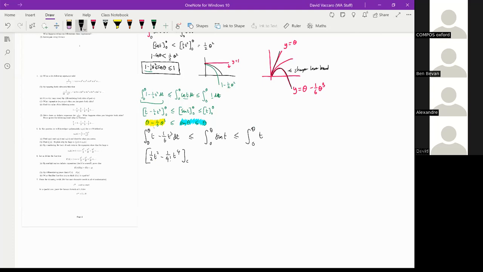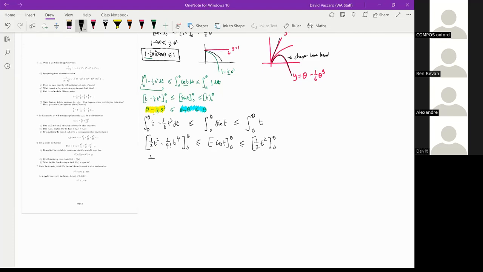t to the 4, from 0 to theta, is less than or equal to negative cos t, from 0 to theta, is less than or equal to 1/2 t squared, from 0 to theta. So I get 1/2 theta squared minus 1/4 factorial theta to the 4 is less than or equal to minus cos theta plus 1, and that's less than 1/2 theta squared.